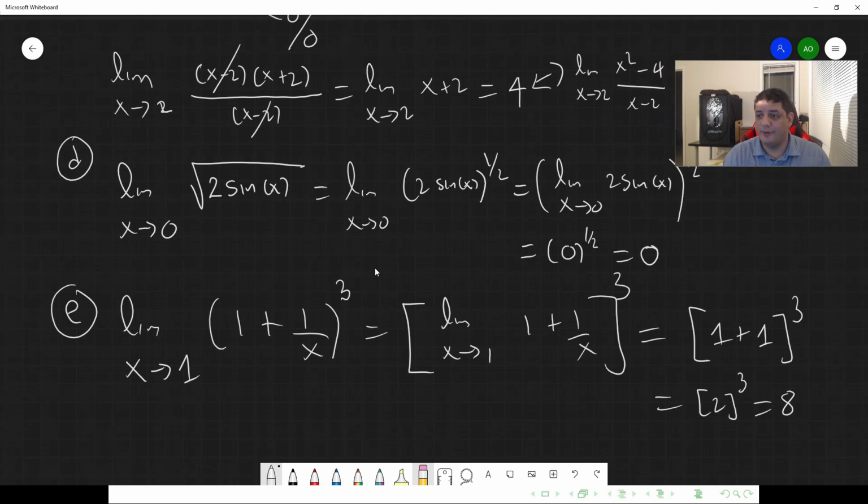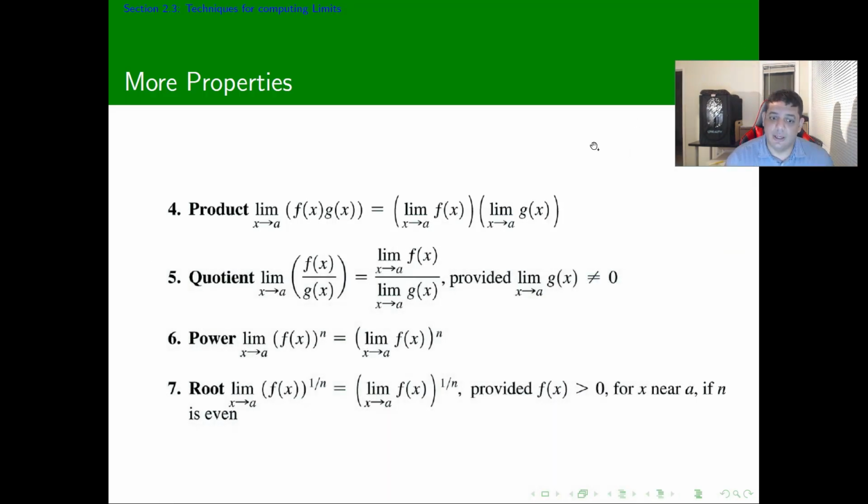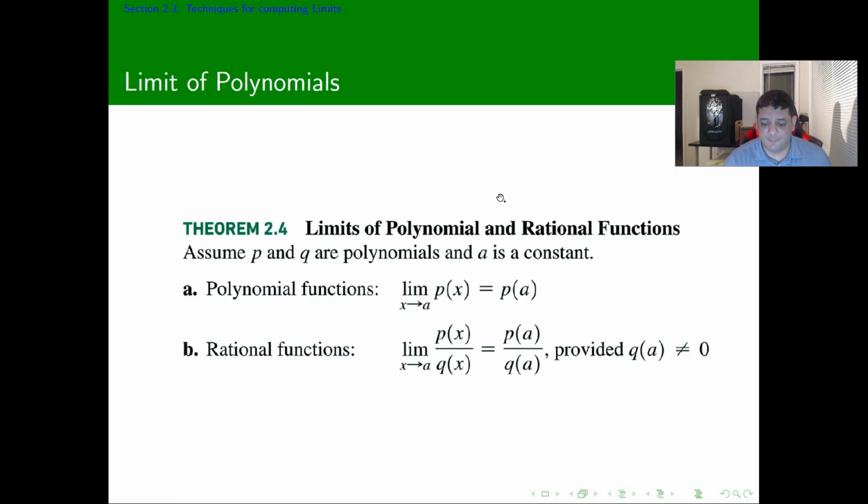Of course, once you get comfortable with this, you don't necessarily have to show the properties, but you can jump immediately from this to this and to this and keep going. Okay, now let's continue with some other properties. Now, if we're talking about polynomial functions, we assume that those functions are continuous because they are by definition.